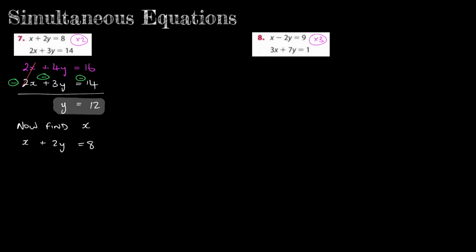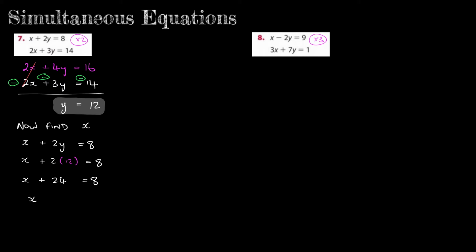I already know that y is equal to 12. So in this case, I can say x plus 2 times 12 is equal to 8. So that gives me x plus 24 is equal to 8.